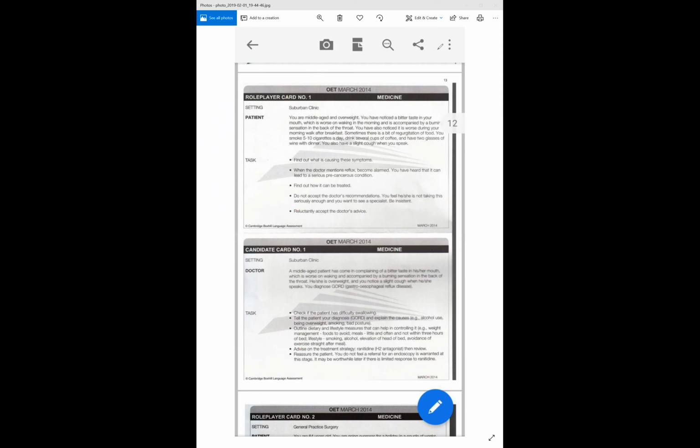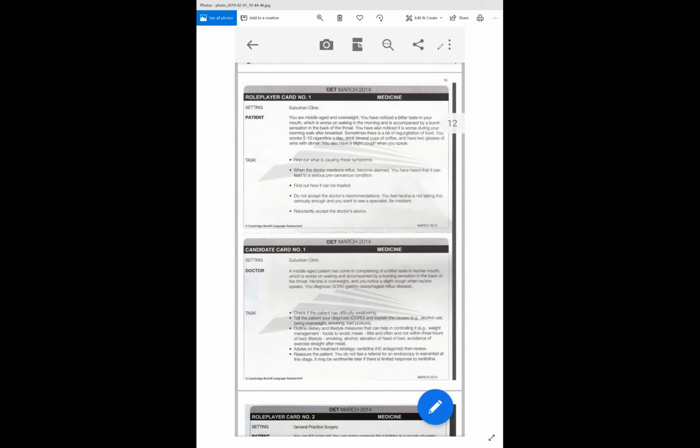You have also noticed it is worse during your morning walk after breakfast. Sometimes there's a bit of regurgitation of food. You smoke 5 to 10 cigarettes a day, drink several cups of coffee, and have 2 glasses of wine with dinner. You also have a slight cough when you speak. Find out what's causing these symptoms.